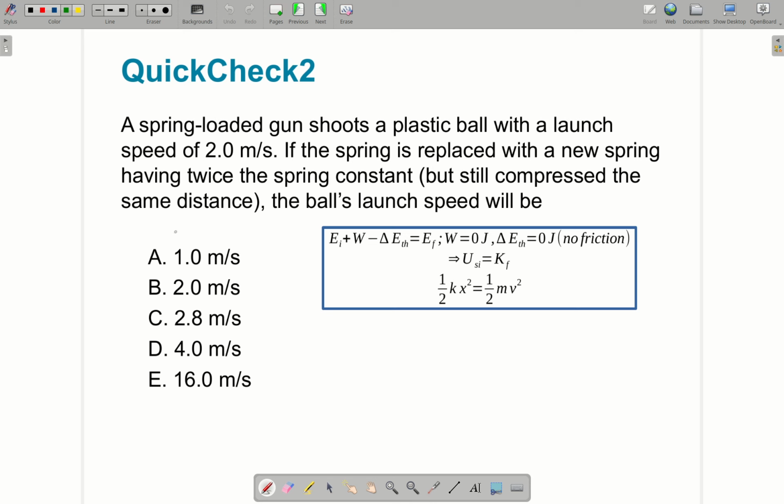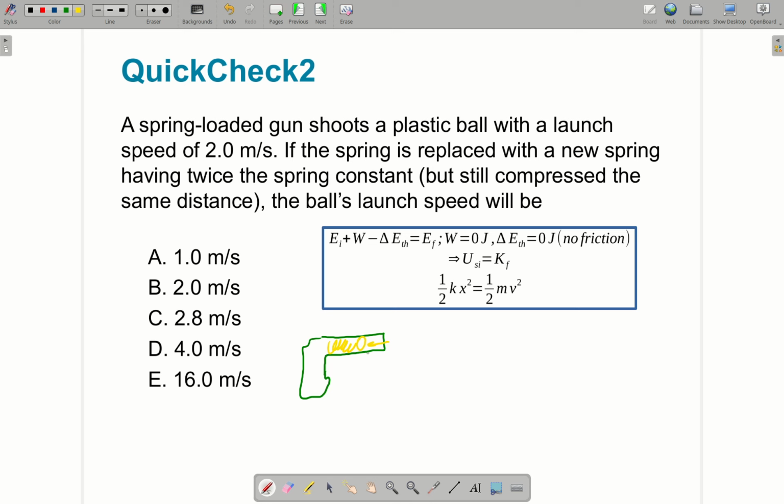This is a similar example of energy conservation. We have a spring-loaded gun that shoots a plastic ball. So many of us played with these guns, I assume. Well, not me, but you guys did a projectile lab before, where you were pushing a ball into a projectile.